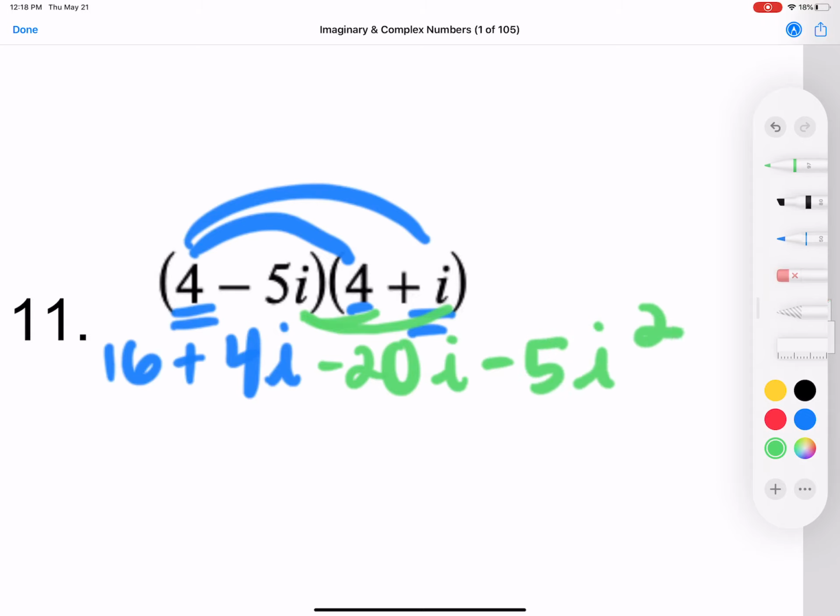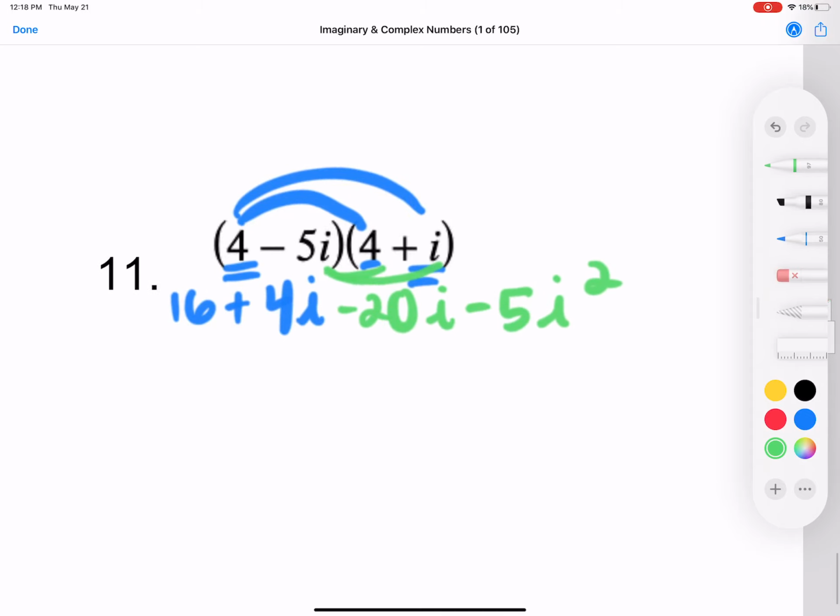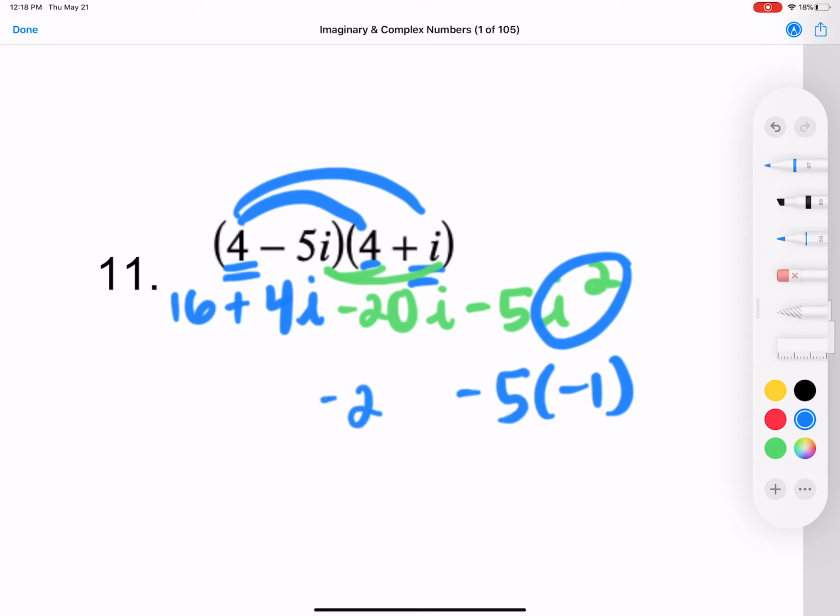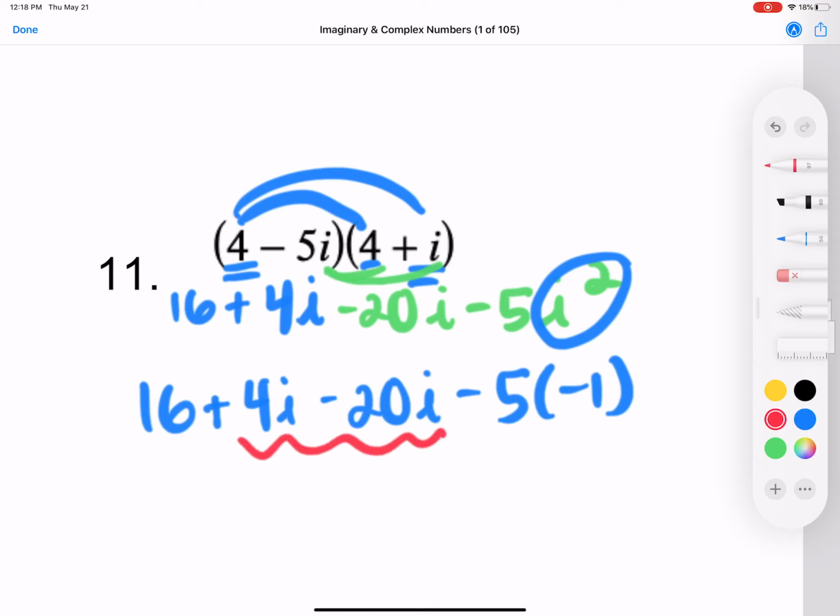Now we learned above that i squared is equal to -1. So you need to change this to a -1. Bring everything down. And then combine your like terms. Here I have i's that I can combine.